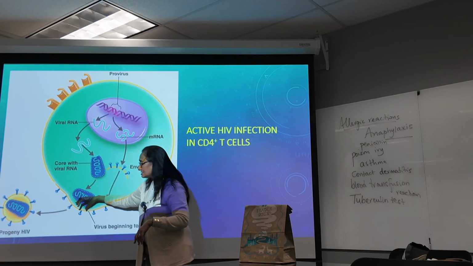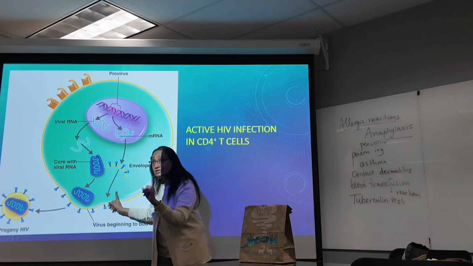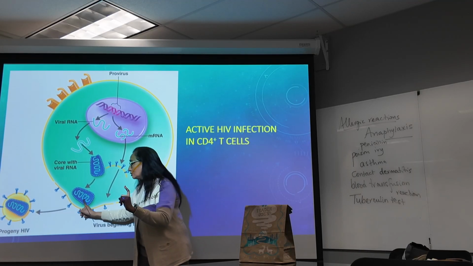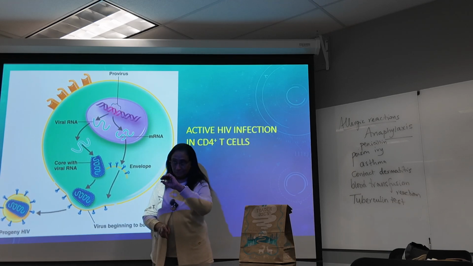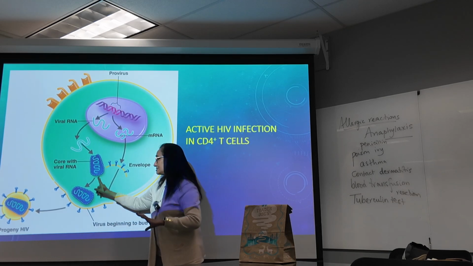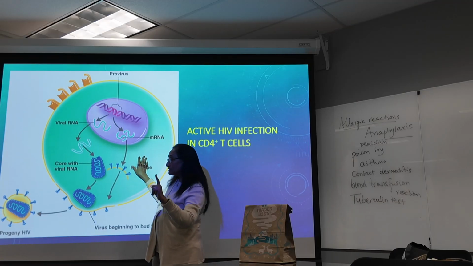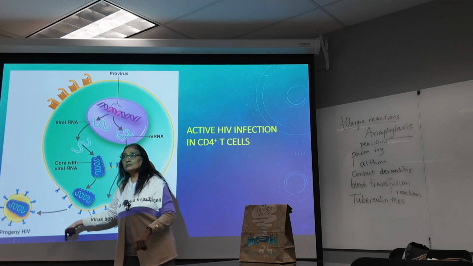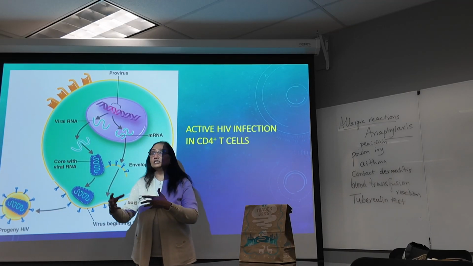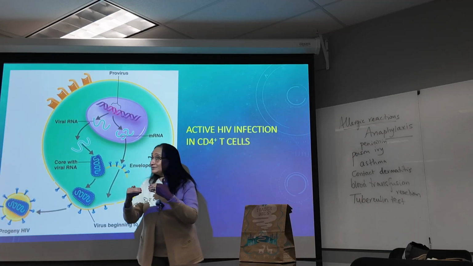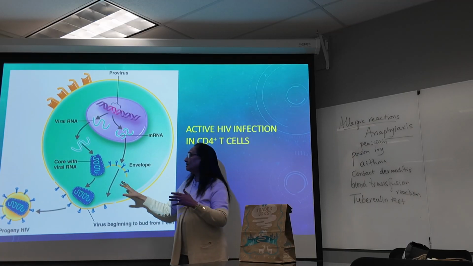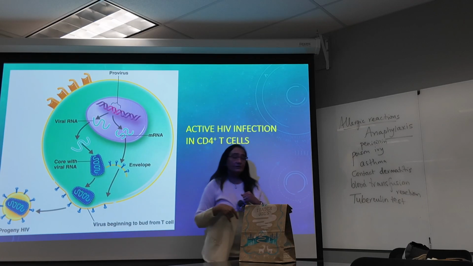The virus doesn't destroy the cell; it slowly exits the cell, a slow release without damaging the T helper cell. And this virus will go and get into another T helper cell. So this is how the virus slowly progresses.